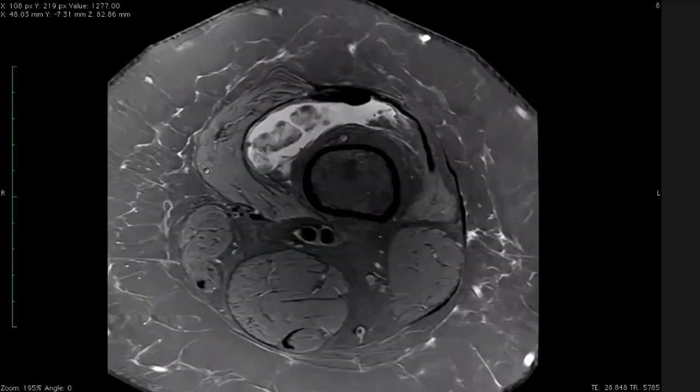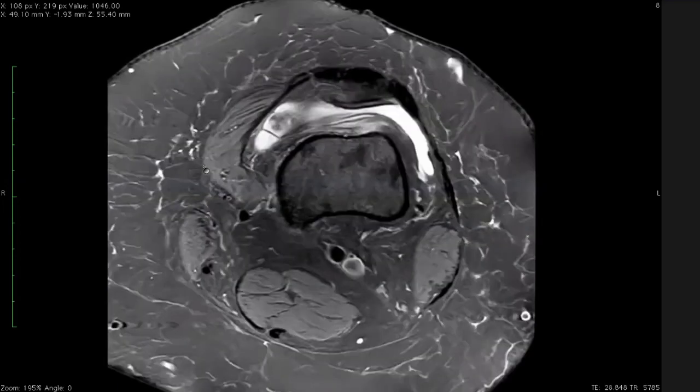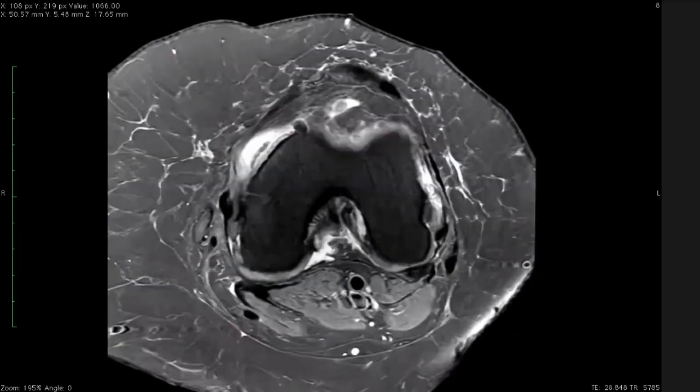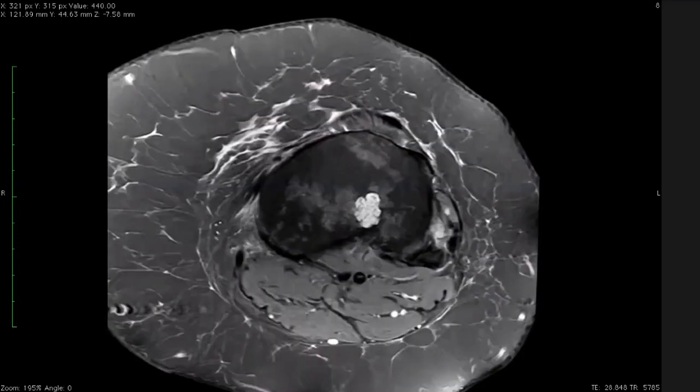Where are the cysts? I think I haven't shown you any other plane. I've just shown you an axial plane. You think that's a cyst? This one, no, but this is a lobulated kind of lesion.